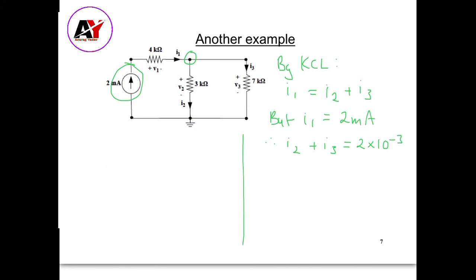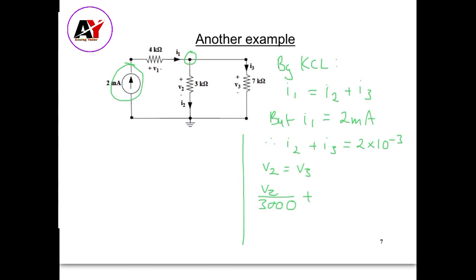But we can see that these two are connected in parallel, so we know that V2 is equal to V3, and so we can write I2 as V2 over 3 kilo ohm plus, and instead of V3, we're going to use V2 because we know that they're equal to each other.